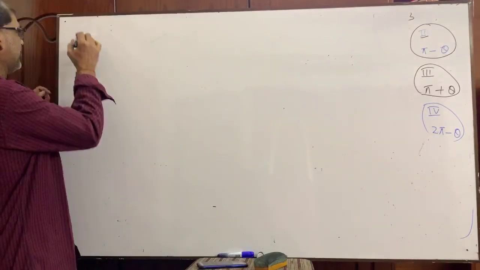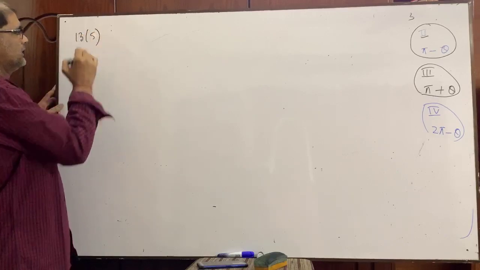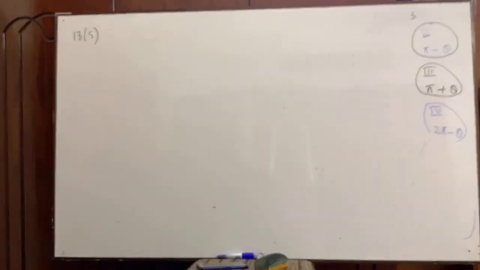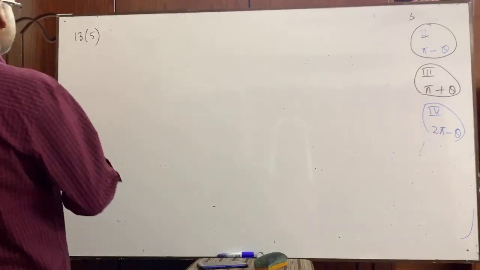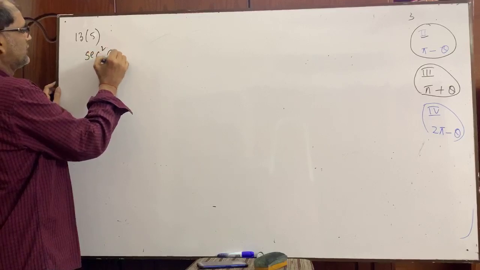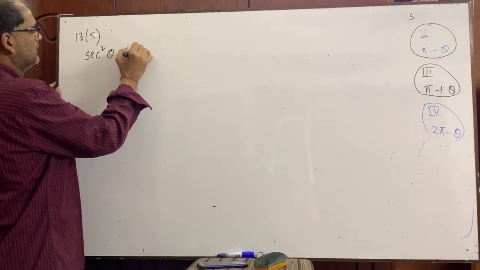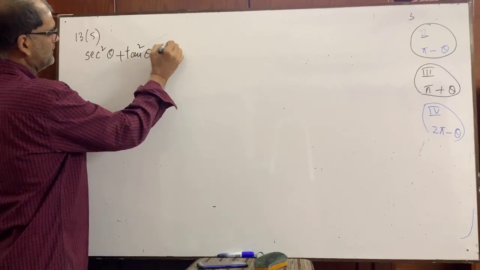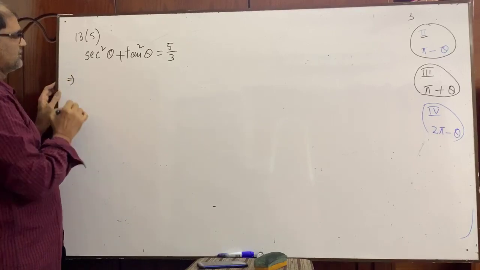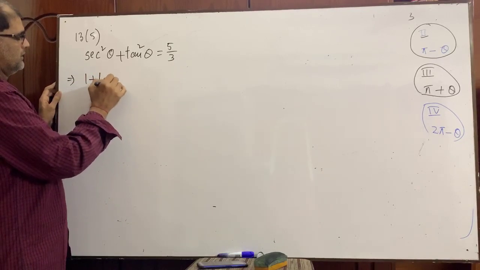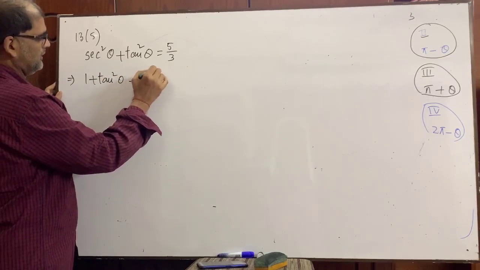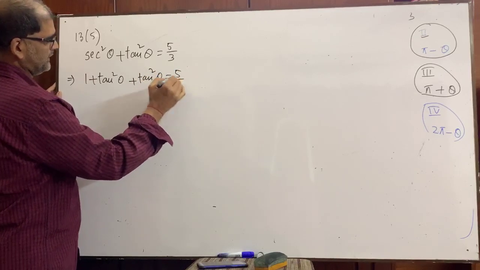Question number 13.5. You read the question. It is given: sec square theta plus tan square theta equals 5/3, right? Now, what is sec square theta? 1 plus tan square theta, right? Plus tan square theta equals 5/3.